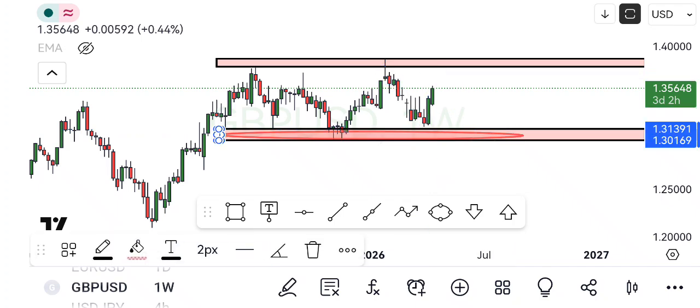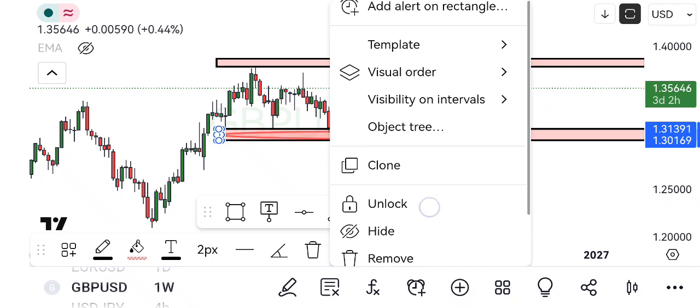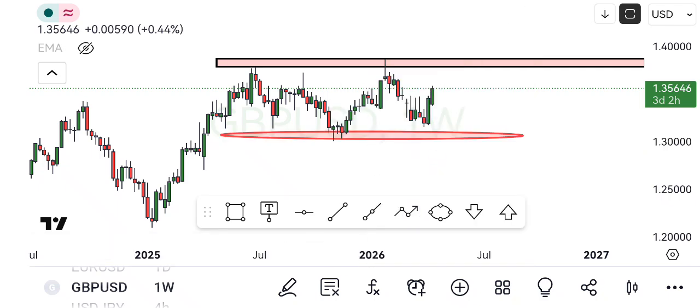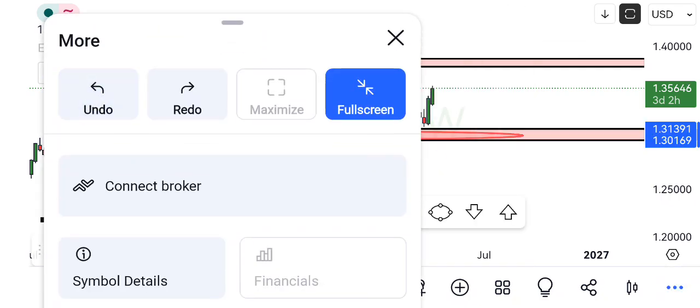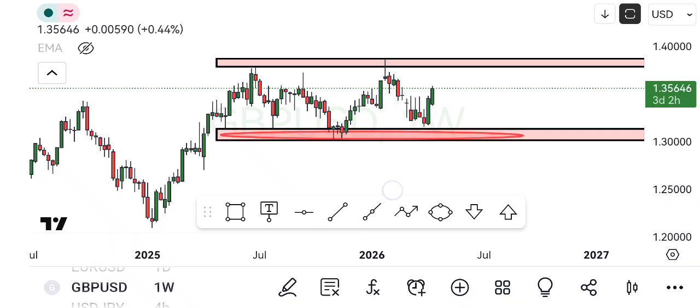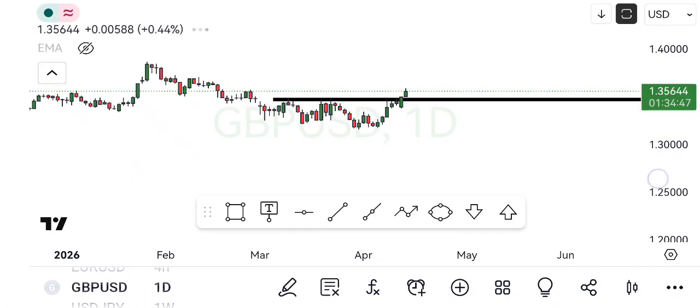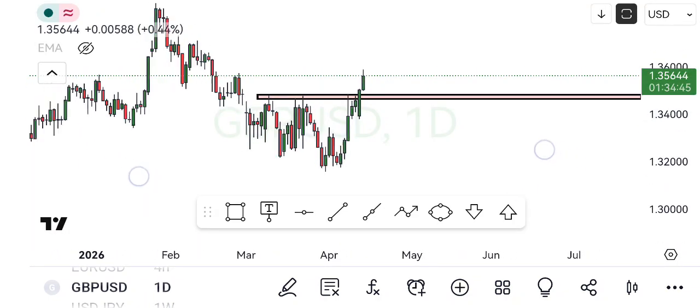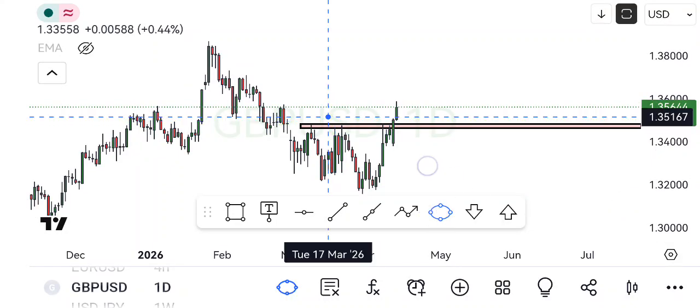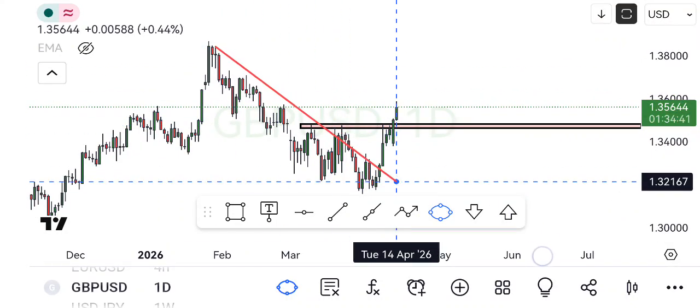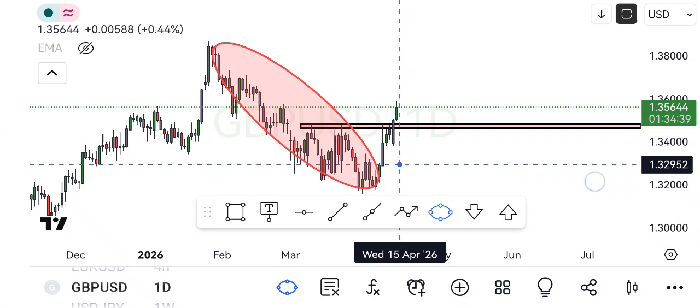Just bear in mind that the price was ranging. So we have to move down to the daily time frame and see what the daily was telling me. Looking at only this part, this is what I call a medium term downtrend.